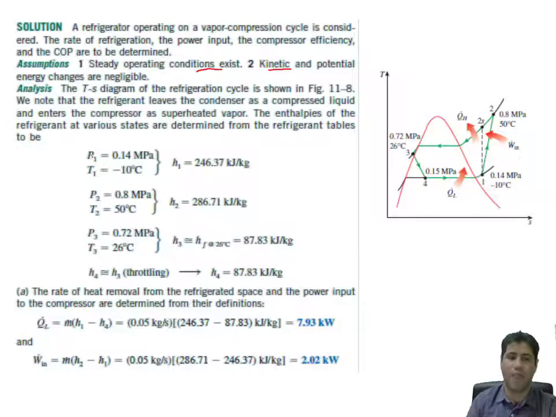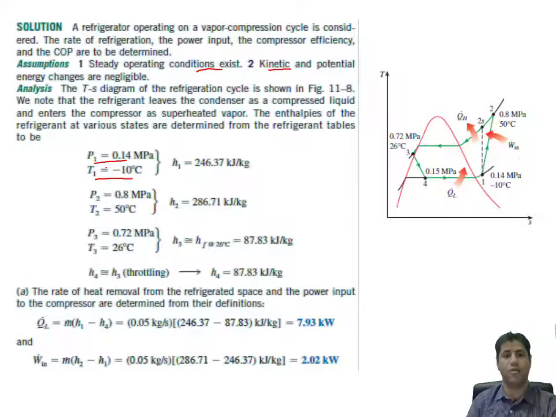For state 1, we have the pressure. Pressure is given, P1 is 0.14 megapascal, and temperature is also given, negative 10 degrees Celsius. So we have pressure, we have temperature as well. So how do we know in which region it is, and how can we find entropy for this state, and also how can we find the enthalpy for this state.